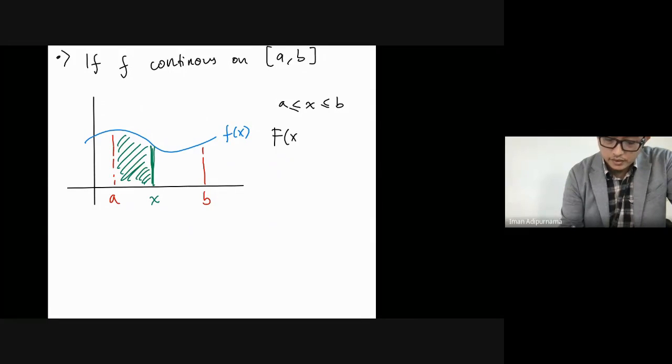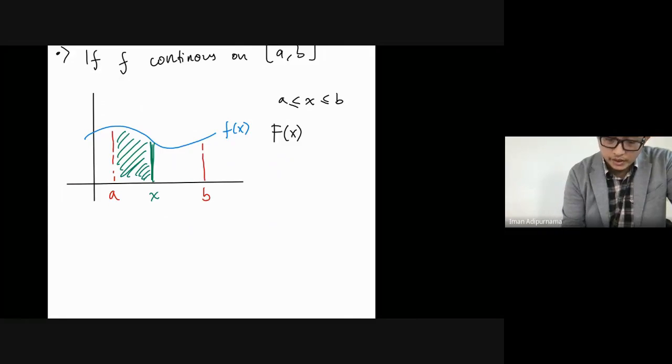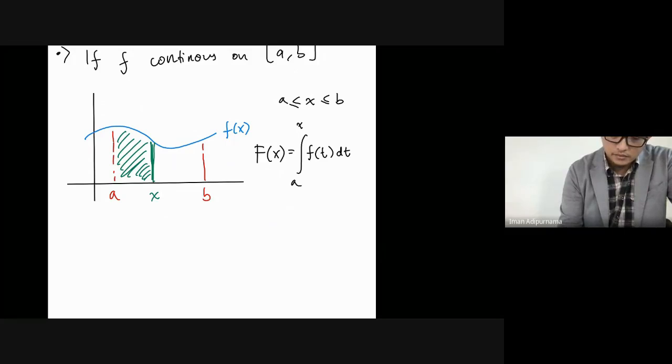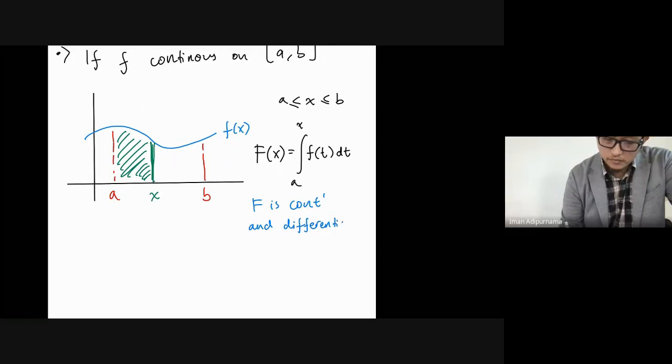Then let me write the F with a capital F. F is the integration, if f is continuous and differentiable on [a, b].